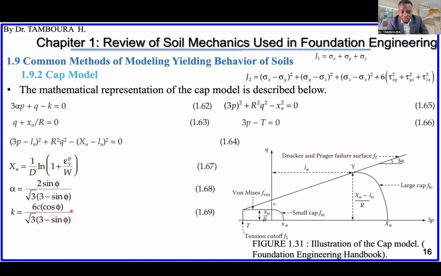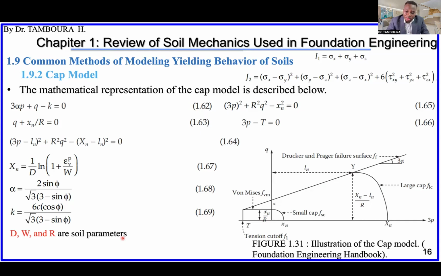This also depends on the soil parameter phi. D, Y, and R, you can see D here, Y here, and R is in here and here. These are soil parameters, and these need to be determined through lab tests.